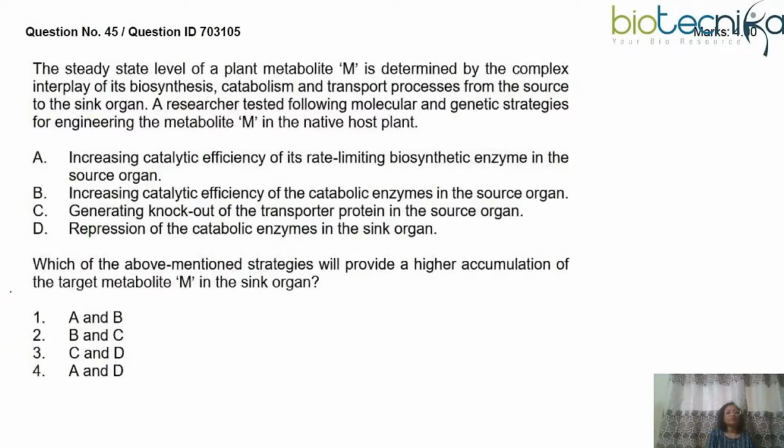Next question. The steady state level of a plant metabolite M is determined by the complex interplay of its biosynthesis, catabolism and transport processes from the source to the sink. Again, the same concept of source and sink has come. So, there is a plant metabolite M, and the question is saying that in a plant, the steady state level of that particular metabolite is dependent on which processes?